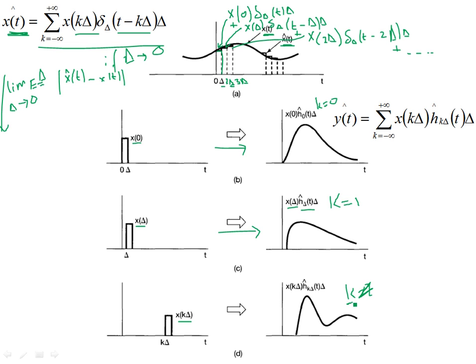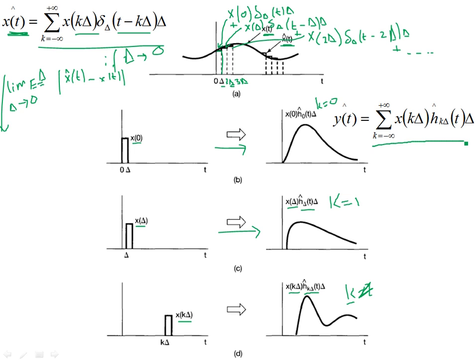So the response is again x of k delta, where k delta represents the amplitude of the signal at k delta, multiplied by h k delta t. Now if you add all of those up, this can be expressed as a summation.